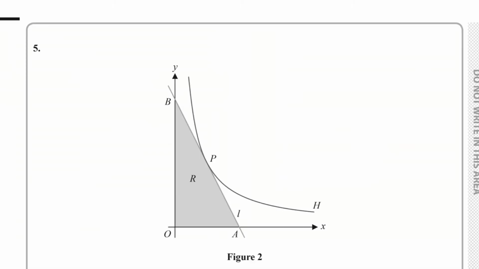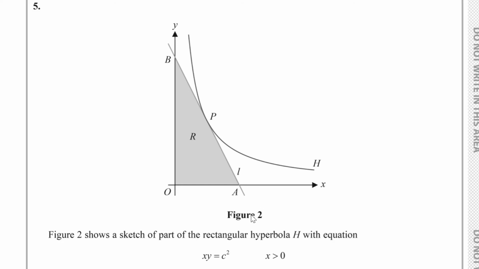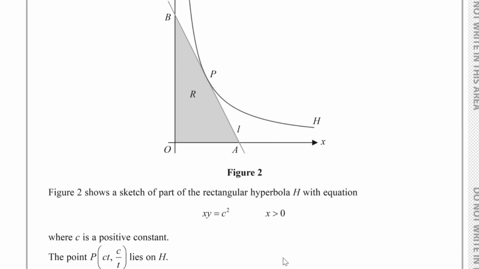Question number 5. We have figure 2 over here, which shows a sketch of part of the rectangular hyperbola H with equation xy equals c squared, where x is greater than 0 and c is a positive constant.